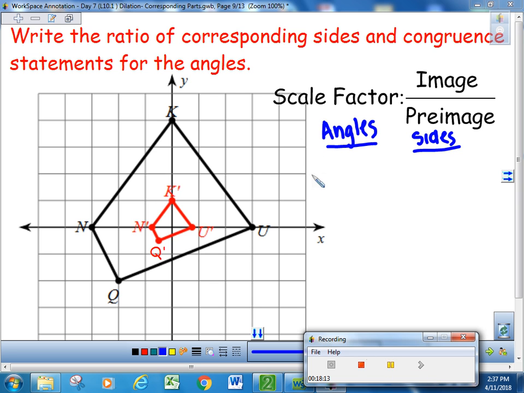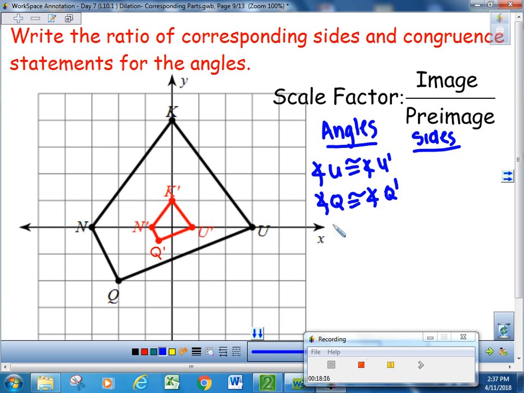All right, so you should have had angle U is congruent to angle U prime. Angle Q is congruent to angle Q prime. Angle N is congruent to angle N prime.